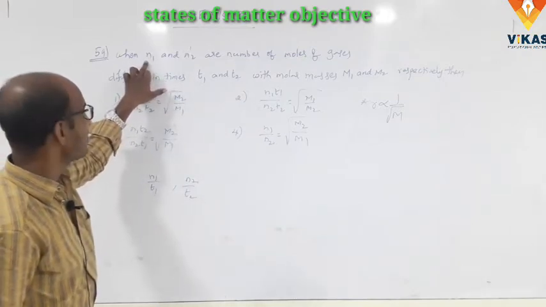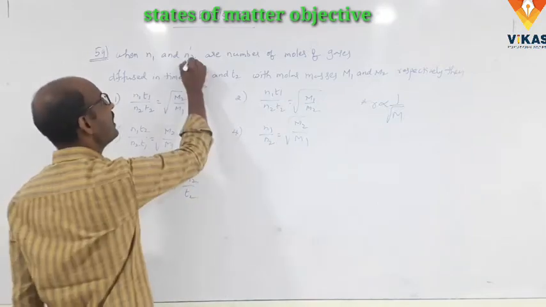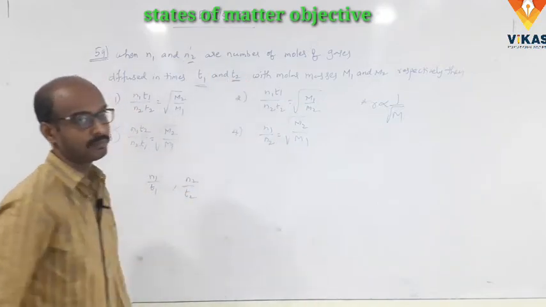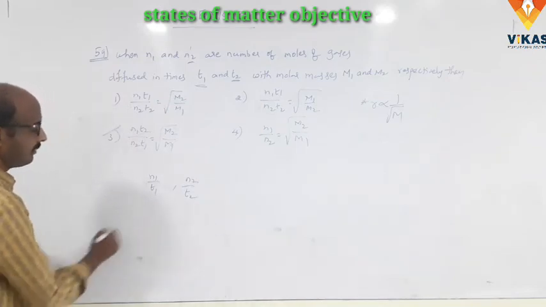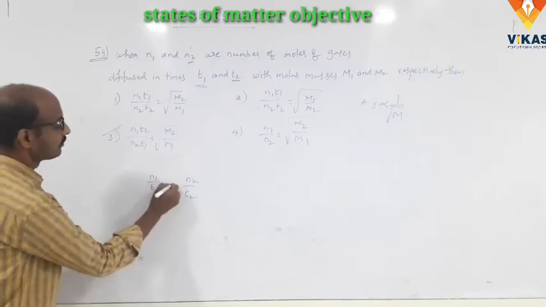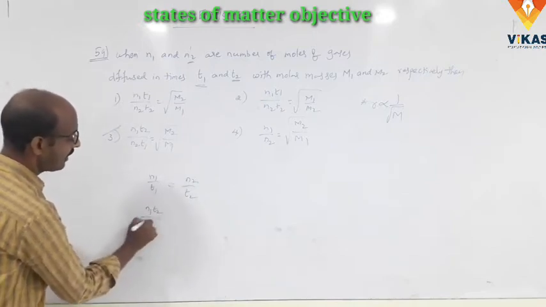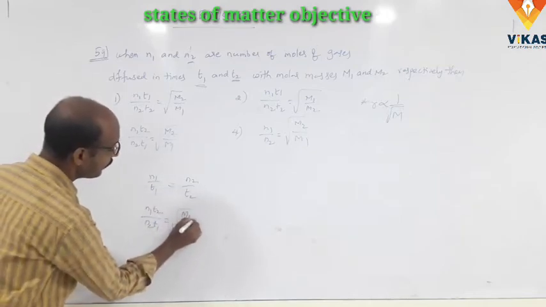The N1 gas diffused in time T1 and N2 gas diffused in time T2. So we calculate N1 by T1 and N2 by T2, and it is equal to N1 T2 by N2 T1. So totally the rate of diffusion ratio is M2 by M1.